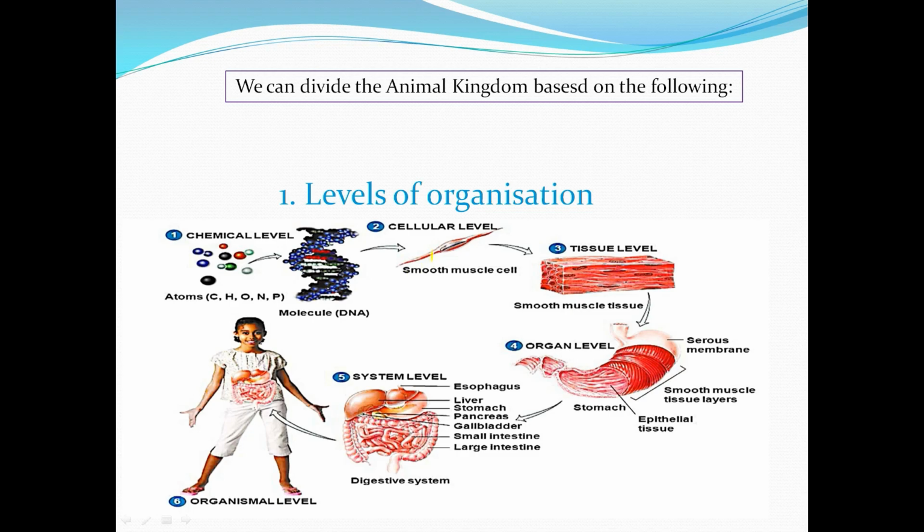Here, if the organism is made up of a single cell, it is said to be a unicellular organism. If it has more than one cell, it is a multicellular organism. So at the cellular level, they are classified as unicellular and multicellular. Then they are classified based on the different levels like tissue, organ, and organ system level of organization.